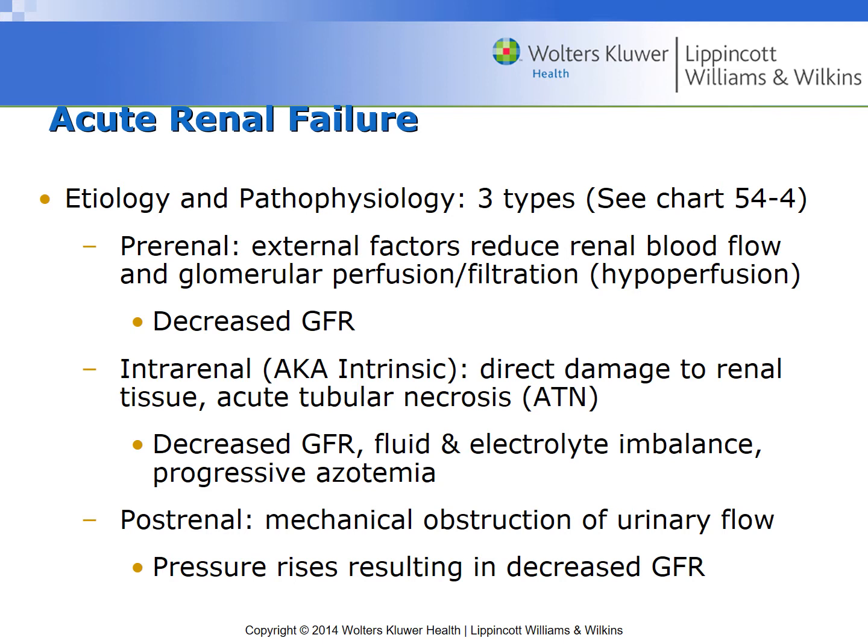The pre-renal causes of acute renal failure could be hypovolemia, sepsis, shock, hemorrhage, burns, because with burns people lose a lot of fluid, so that makes them hypovolemic.